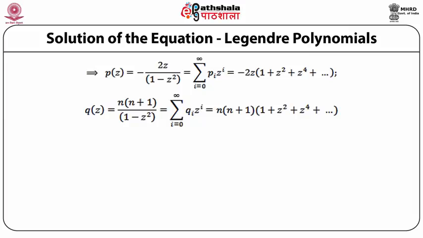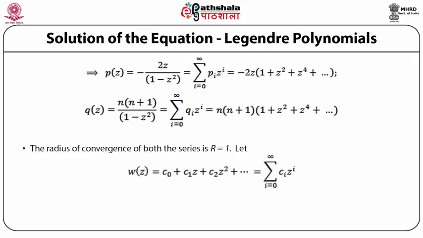This equals n(n+1)(1 + z² + z⁴ + so on). Now, the radius of convergence of both the series is capital R equal to 1.